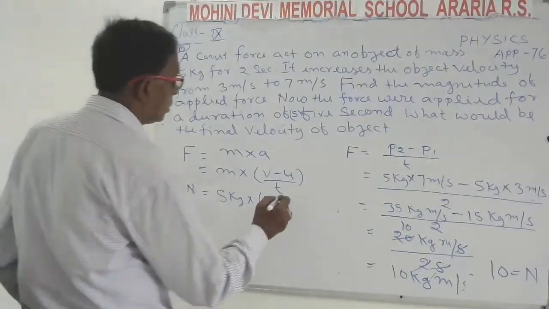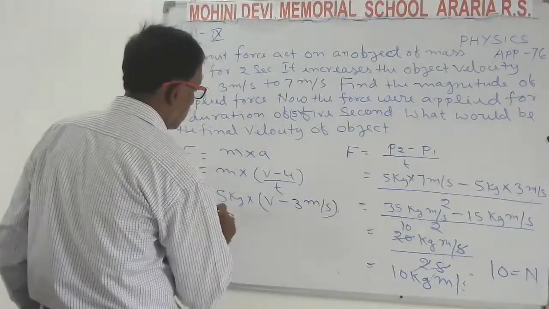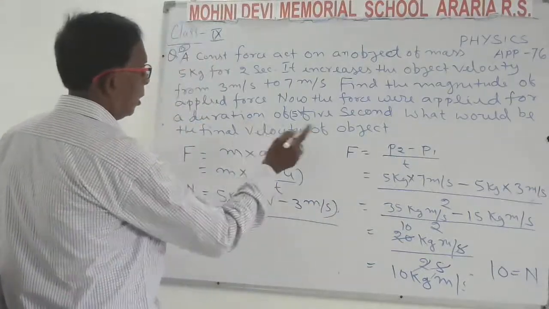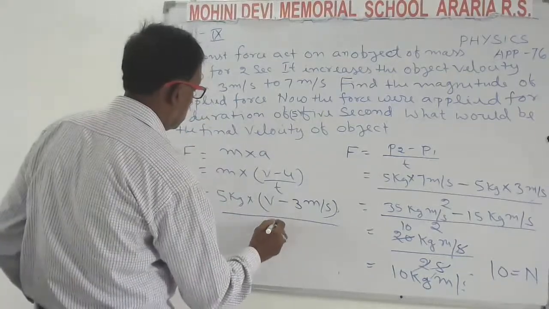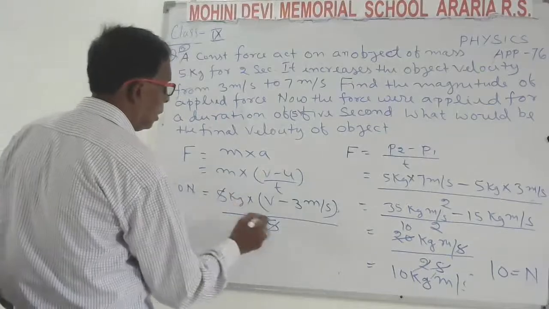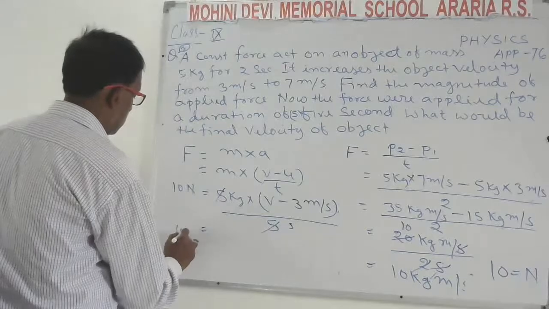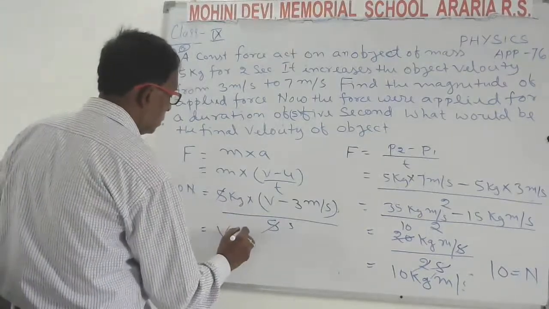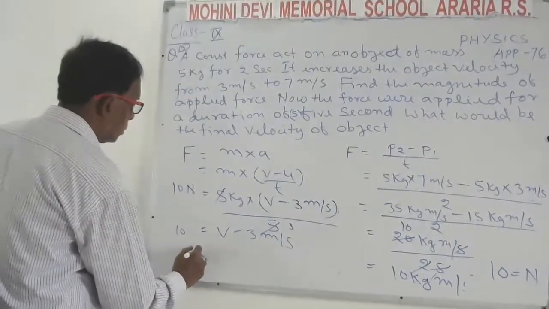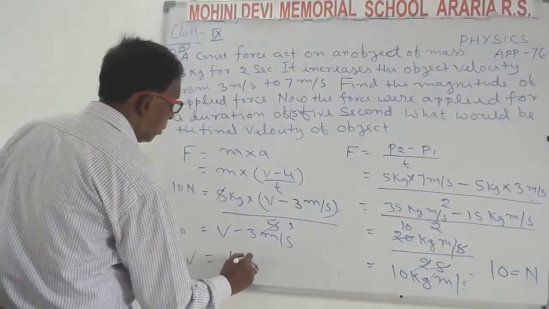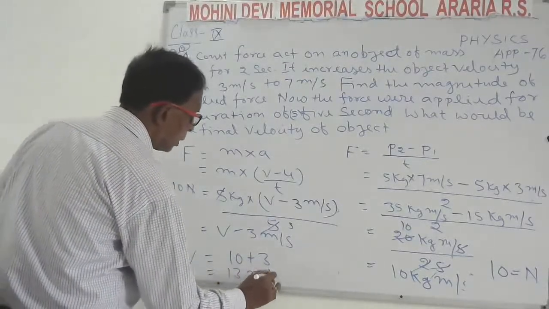The initial velocity is 3 meters per second, and time is 5 seconds. Therefore 10 is equal to v minus 3 meters per second. Therefore, final velocity is equal to 10 plus 3, which is 13 meters per second.